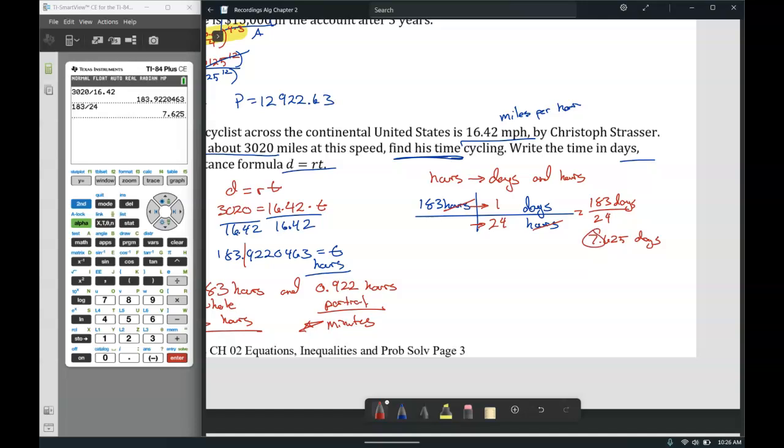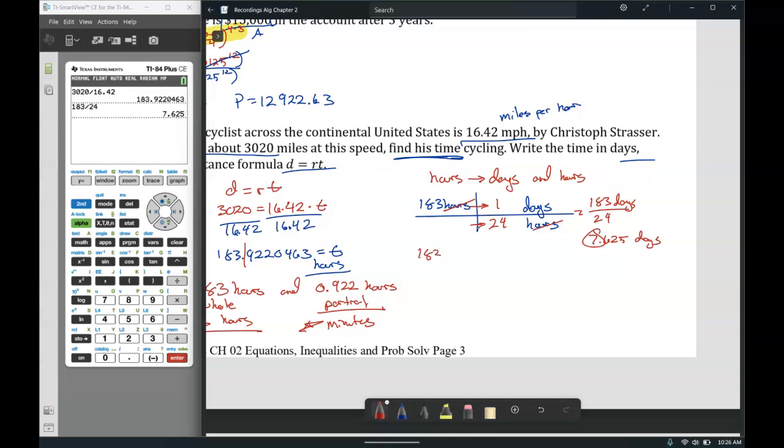We're going to keep the whole number: we have 7 days, and then the 0.625 is the leftovers. There's a couple ways we can look at it. We can convert the 0.625 days back into hours, or we can look at how many hours is 7 days and subtract that to see how many hours we have left over.